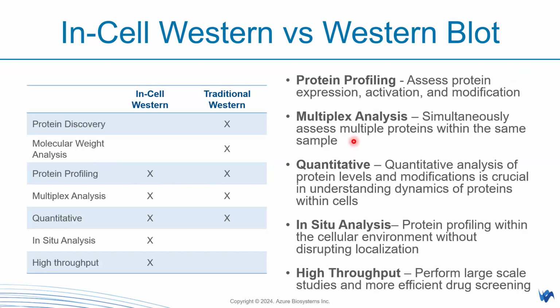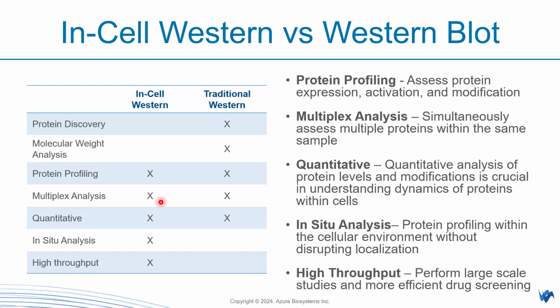In traditional Western, we'll be using the fluorescence detection technique because you can detect multiple proteins on the same blot. And in in-cell Western, it will be done in the plate. So both allow you to do simultaneous assessment and quantification analysis of multiple proteins within the same sample.